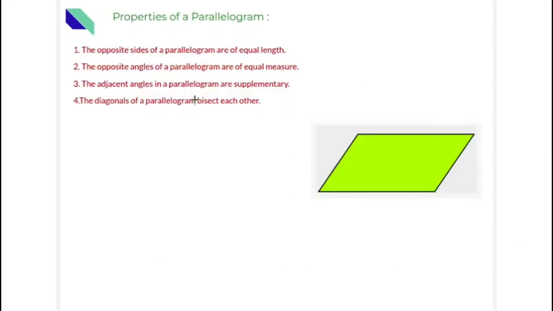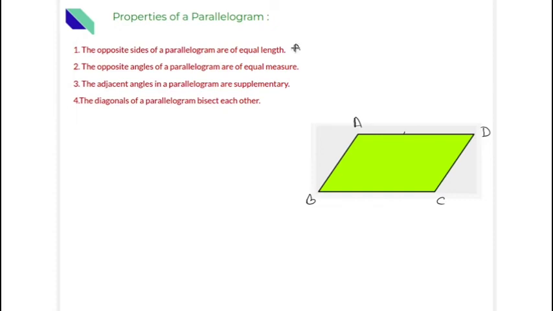We will discuss what the properties of a parallelogram are, and in our next video we will prove them. Okay, now number 1, the opposite sides of a parallelogram are of equal length. We are naming it ABCD. What are the opposite sides?